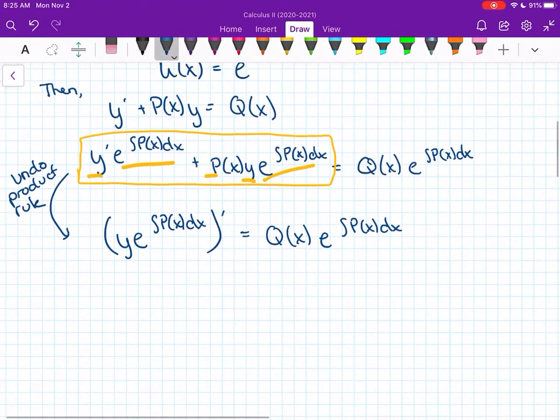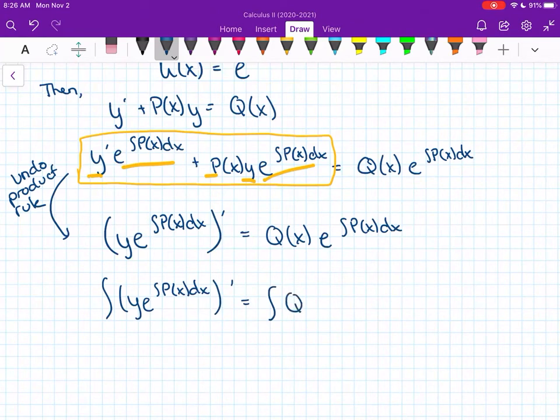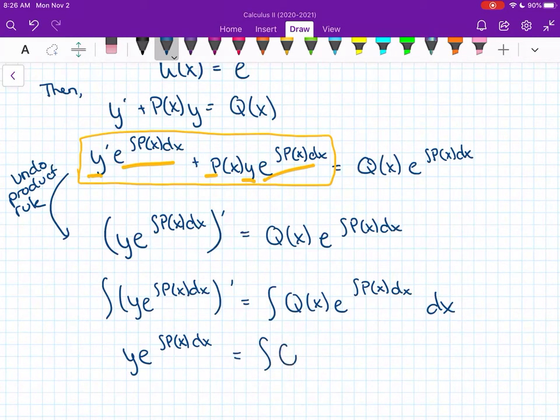And then if I integrate both sides of that, I get something that looks like this. On the left-hand side, I'm just left with y times e to the integral of p of x dx.